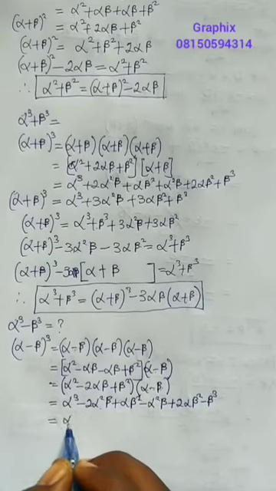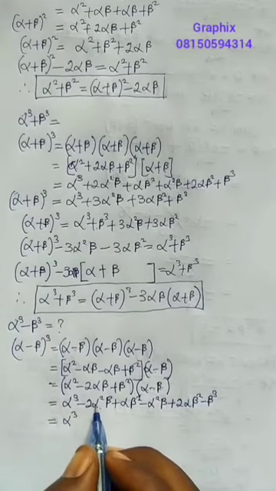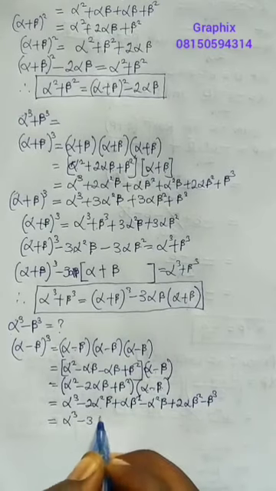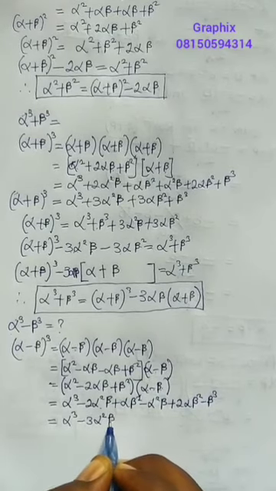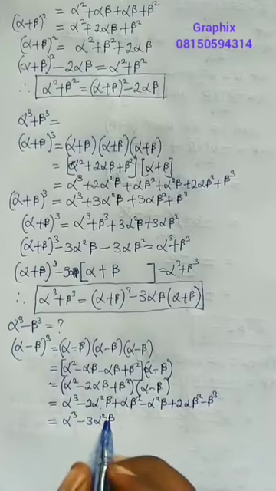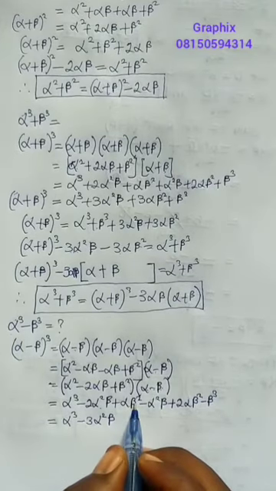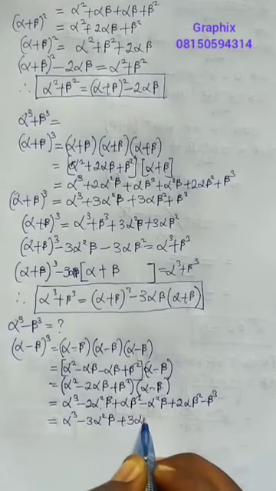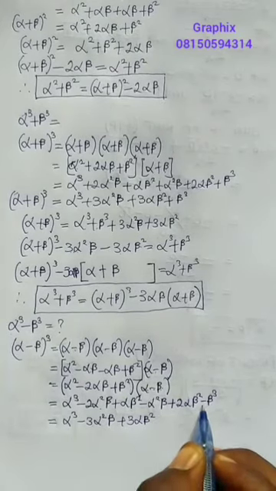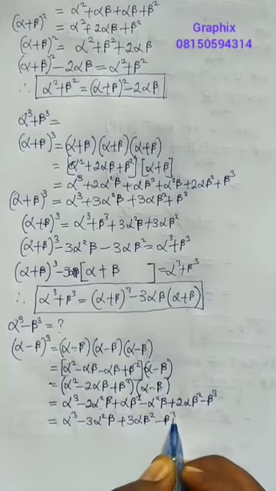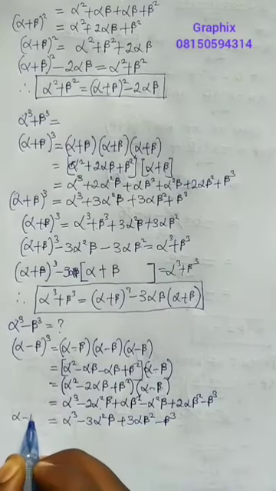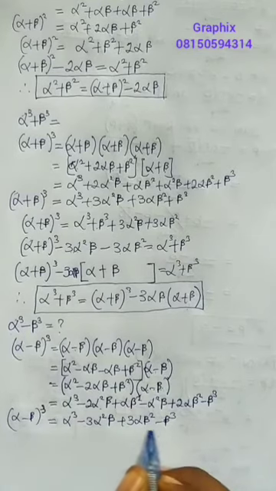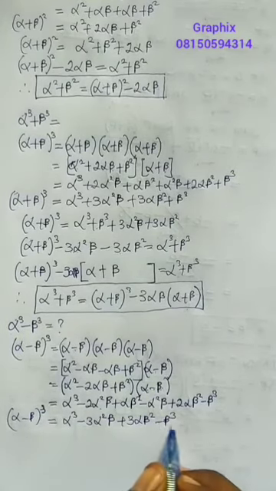So from here, we'll collect our like terms. This will give me alpha cube, minus 2 alpha squared beta minus 1 alpha squared beta will give you minus 3 alpha squared beta. We have 1 alpha beta squared plus 2 alpha beta squared will give you plus 3 alpha beta squared. So minus beta cube. So this is my alpha minus beta all cube. What I want to stay on this side is alpha cube minus beta cube.